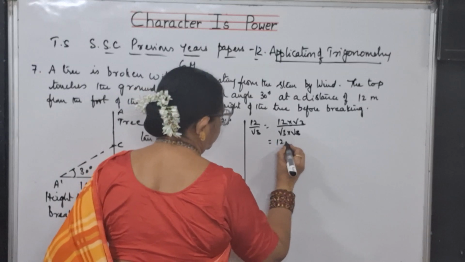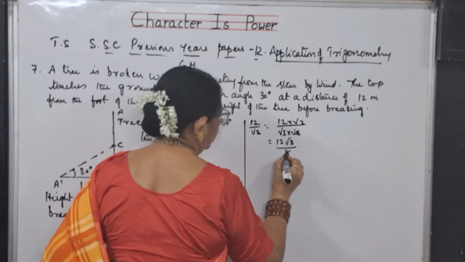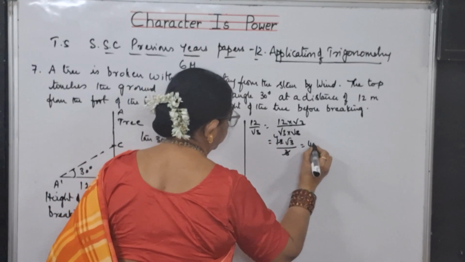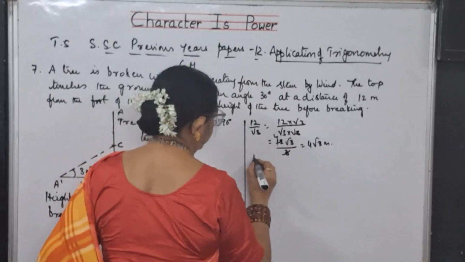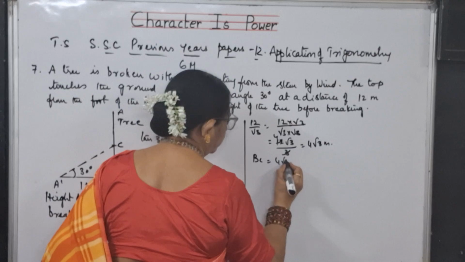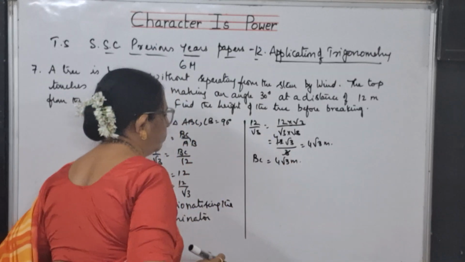So 12 root 3 by 3, that is 4 root 3 meters, we are getting as BC. BC is 4 root 3 meters.